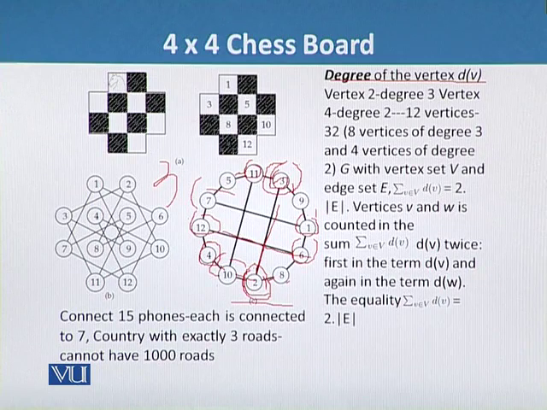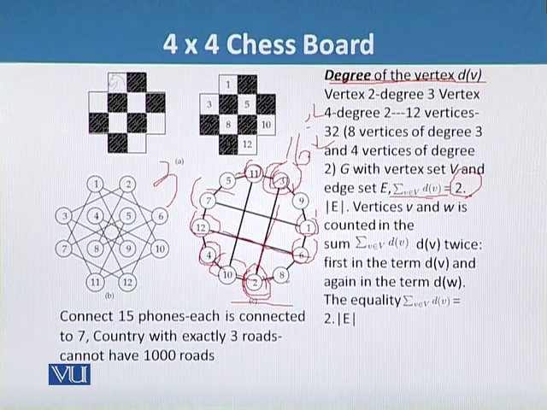So in this graph G with the vertex set V and the edge set E, we can say that the summation over v in V of d(v), because d(v) is the degree of the vertices, in this case the number of edges is 16, but when we calculate it, it will be equal to 2 times 16. It means it will be multiplied by 2 and it comes out to be 32.